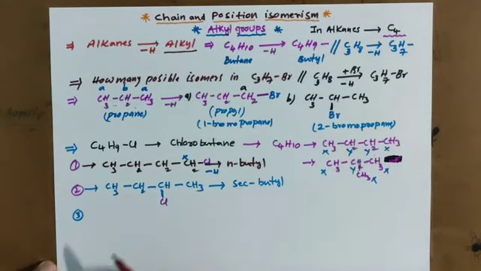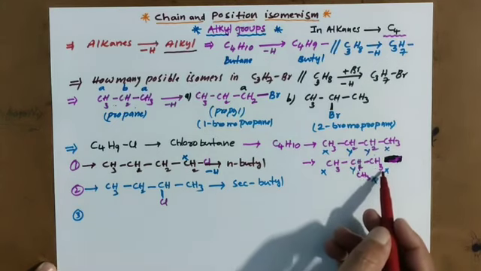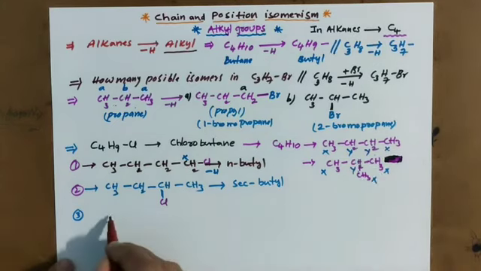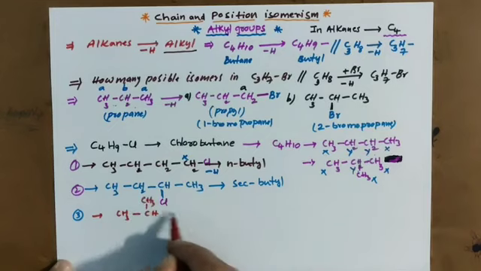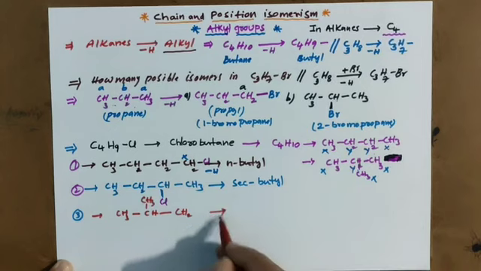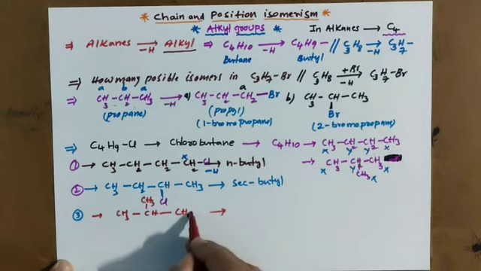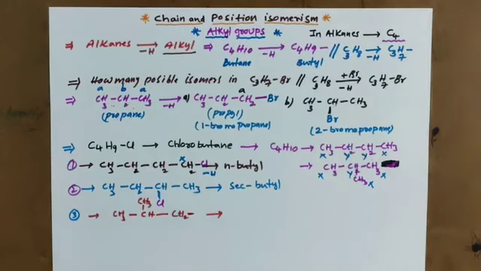First I am writing from this carbon, X carbon, I am removing 1 hydrogen. Then I am getting CH3 bond CH3 bond CH2, and here now vacancy is there. 1 hydrogen I removed, so from X I removed.